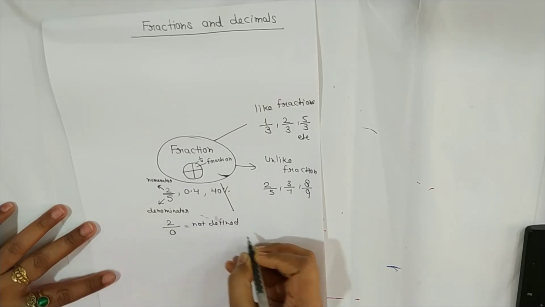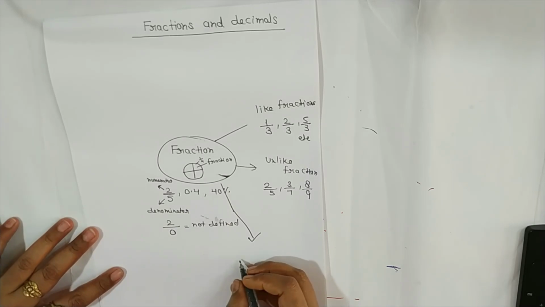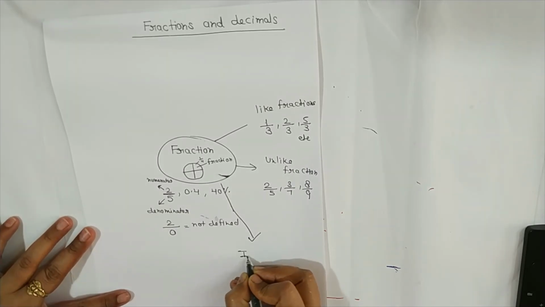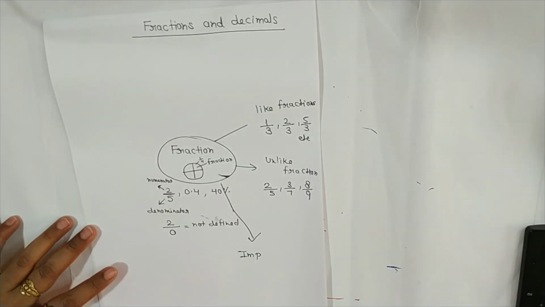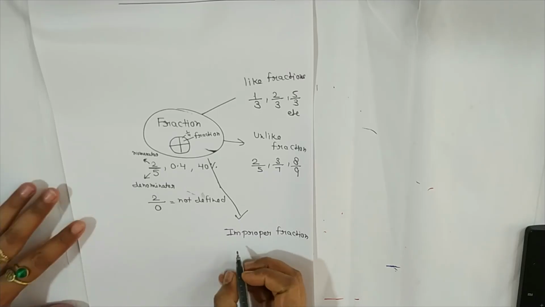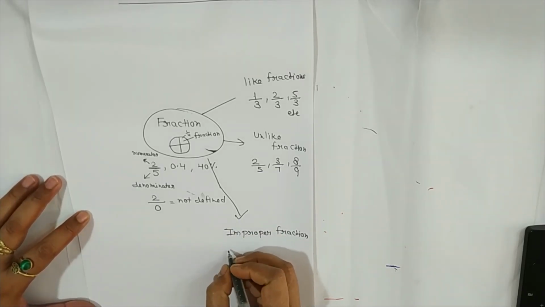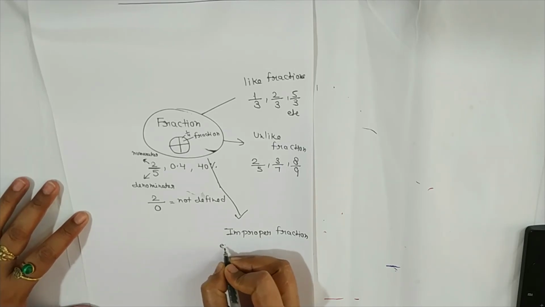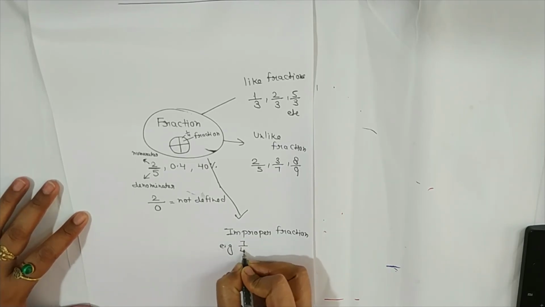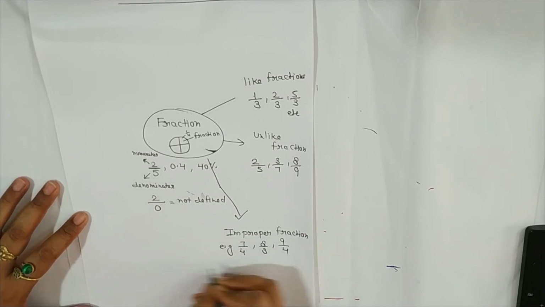Okay, now third type is improper fraction. So improper fraction, in this the numerator is greater than the denominator. So example, 7/4, 8/3 and 9/4.